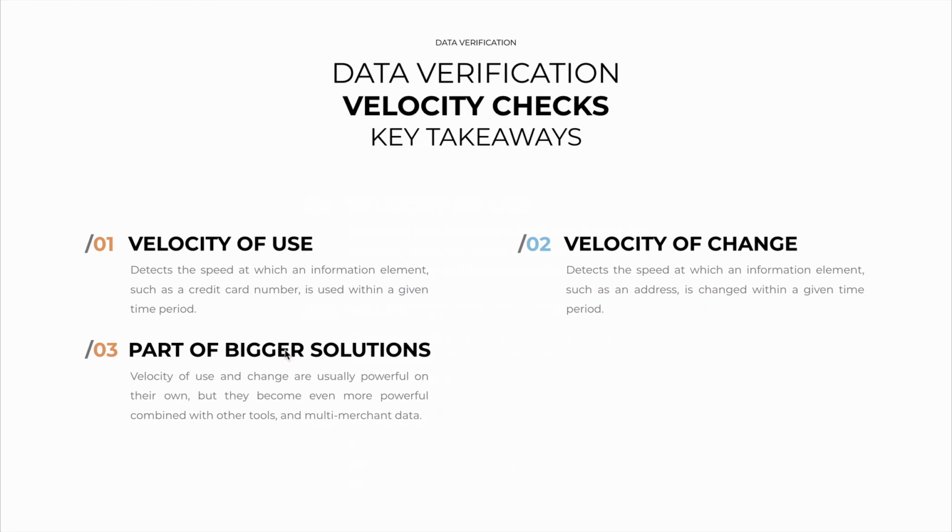And finally, velocity checks are usually used as part of bigger solutions. They are powerful on their own, but they become even more powerful when combined with other tools and with data from multiple merchants. So as we see, velocity of use and change checks are very useful, and they usually work even better in combination with other fraud prevention techniques.